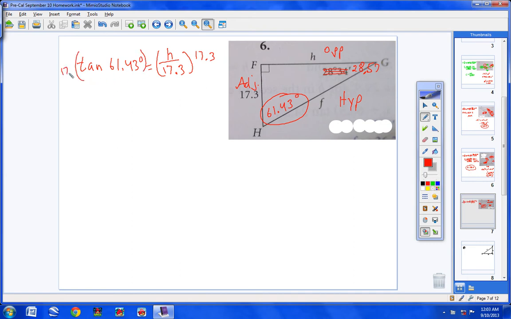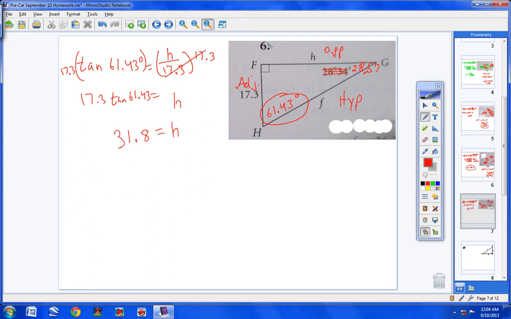I've got to multiply the other side also by 17.3. So these cancel, and I'm left with an h. Over here I have 17.3 tangent 61.43. Now, all that I have to do is type this into my calculator, 17.3 times tangent of 61.43, and I will see that h will be 31.8.